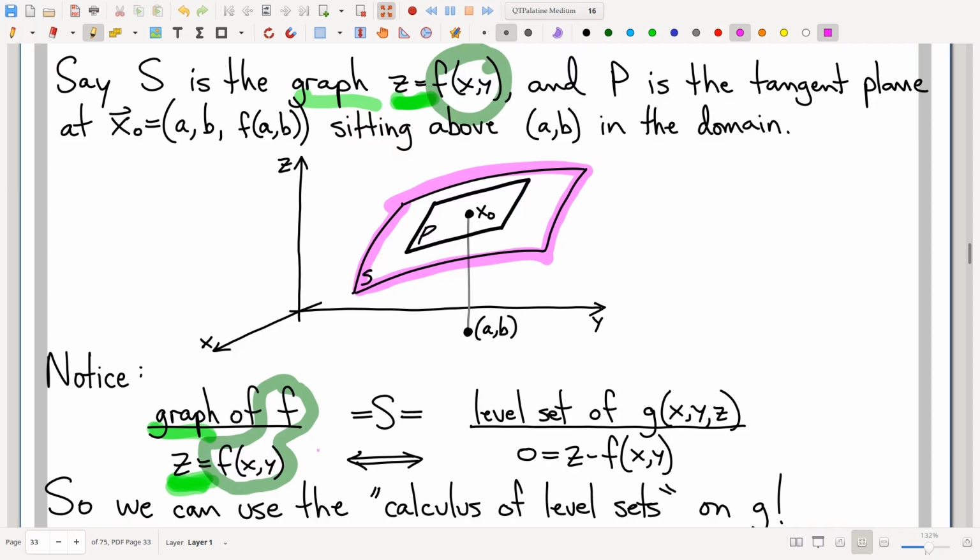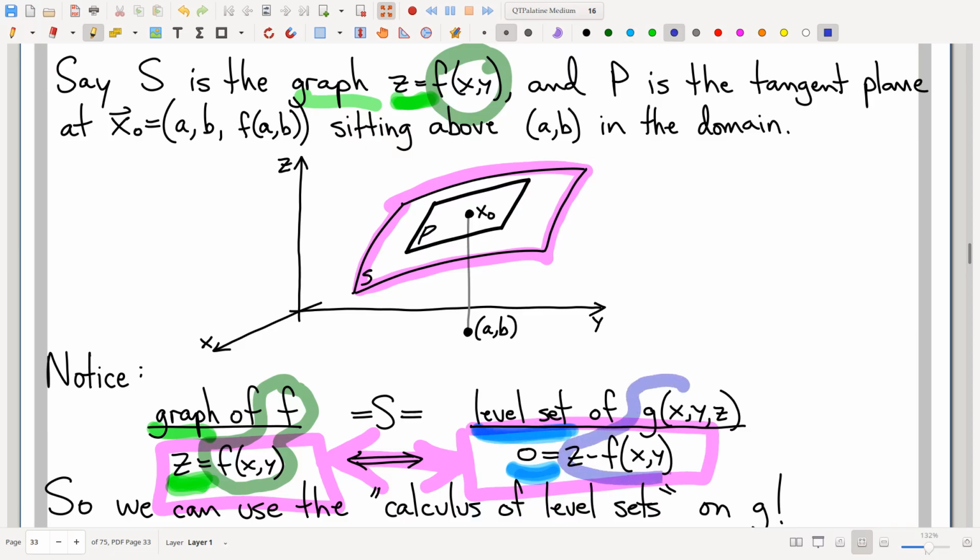You can just take this algebra and do the slightest of little manipulations. Just move the f to the other side, or whichever way you want to think about it. And now, notice that it's written as a level set. Specifically, it's a level set now of this function. Y'all remember that move that we did? If you're given a graph, you can reinterpret it as a level set as long as you're careful with the algebra and make sure you realize you're talking about a level set of a different function.